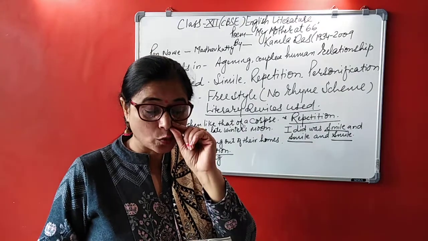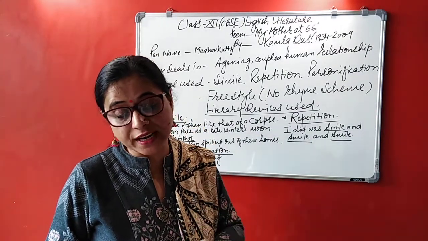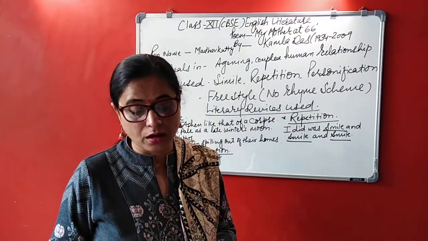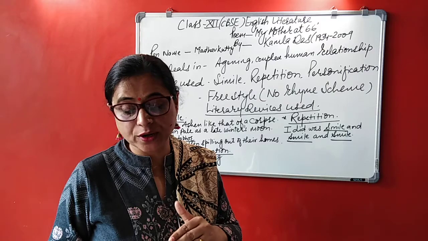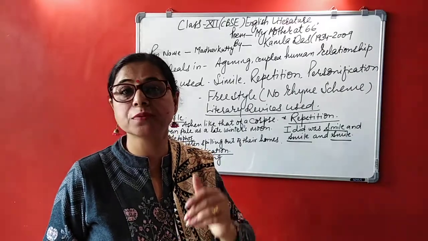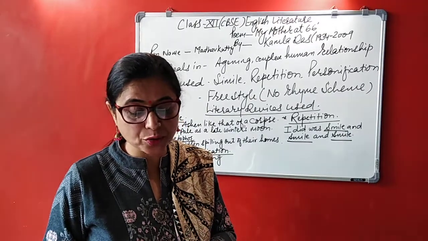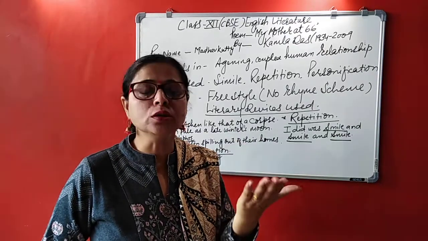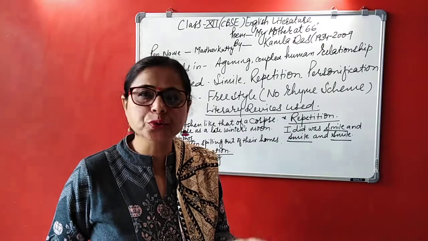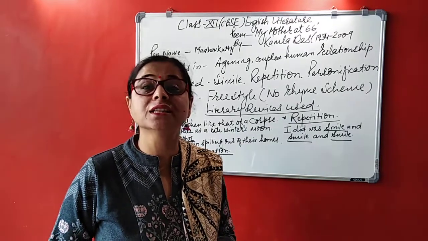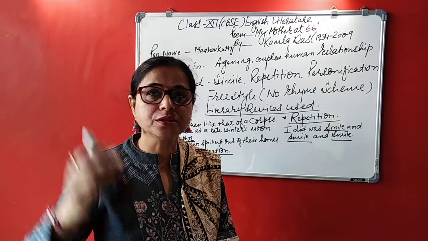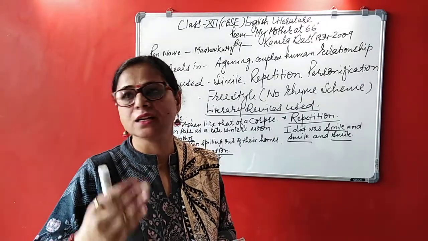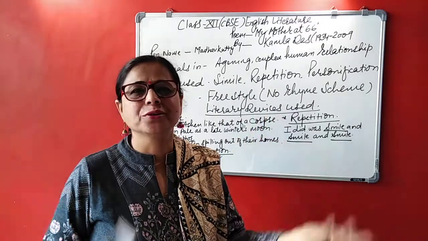Now the question is, why has the mother been compared to the late winter's moon? I have already explained why the mother has been compared to the late winter's moon. So a simile has been used. The mother has been compared to the late winter's moon because the moon loses its beauty, charm and attraction during the winter season, because the moon's light doesn't reach the earth clearly, and we have a very hazy atmosphere.